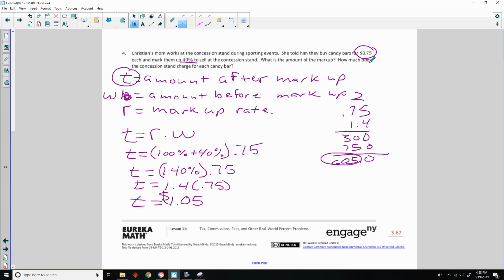So the concession stand buys a candy bar for 75 cents, marks it up 40%, and sells the candy bar for $1.05. What is the amount of the markup? 105 minus 75, which equals 30 cents. How much does the concession stand charge? $1.05.